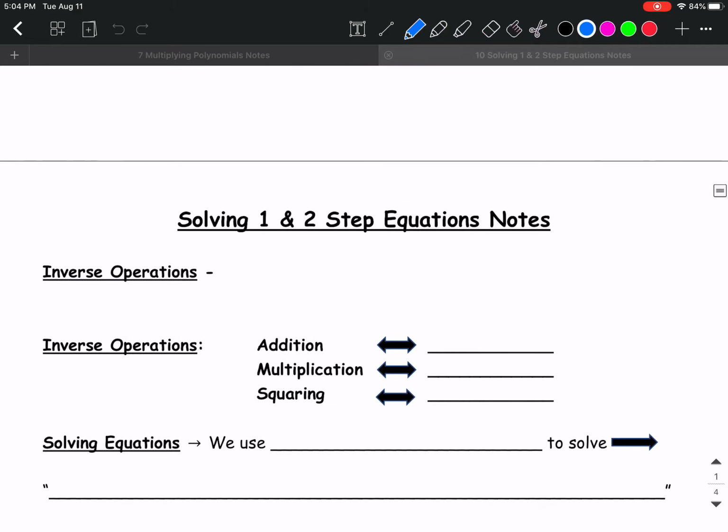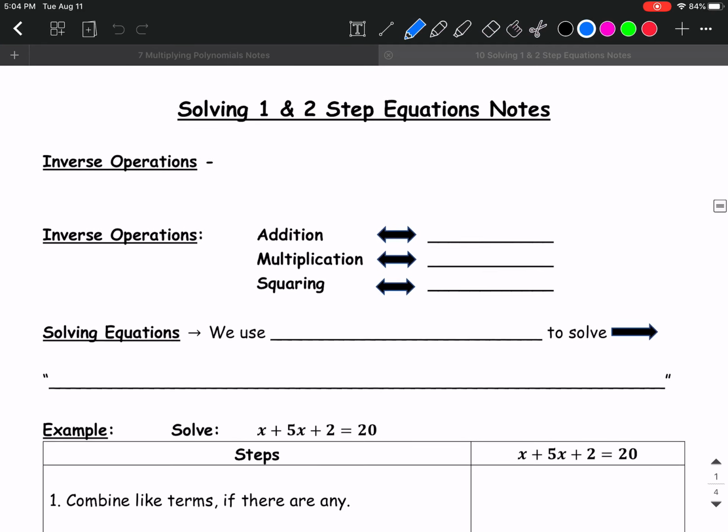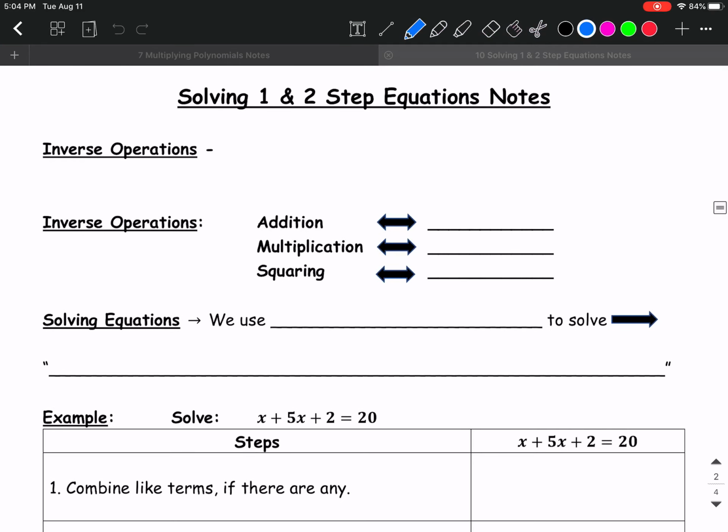Now before we actually solve an equation, I want to ask you a question. What are inverse operations? Well, inverse operations are opposite operations that undo each other. For instance, what's the inverse of addition?